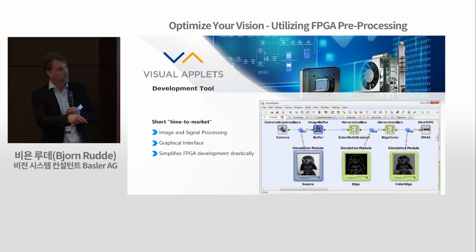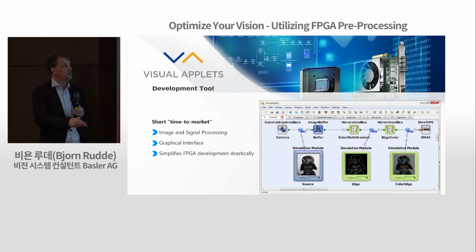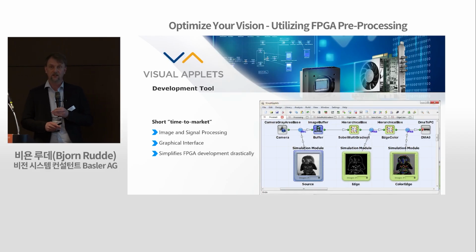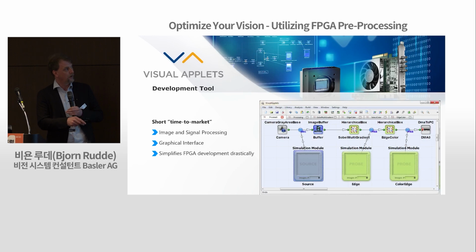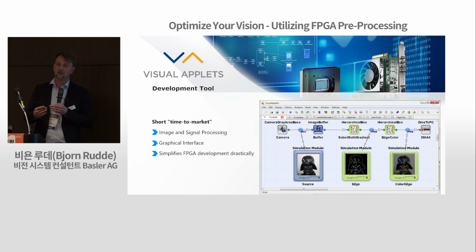And its graphical operators you can connect to each other. Next to image processing, you can also do signal processing. So when it's coming to real-time tasks, you can move these real-time tasks also into the FPGA because the FPGA is by nature a real-time device.